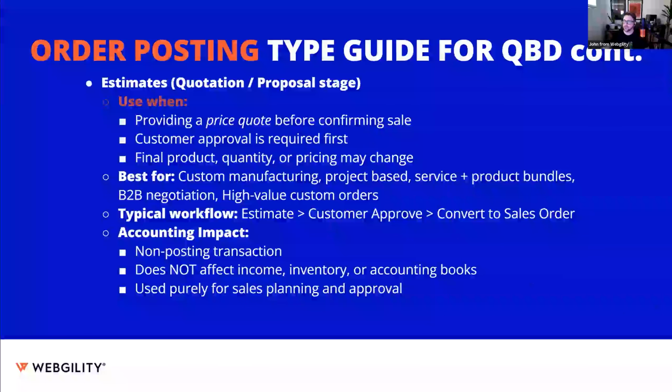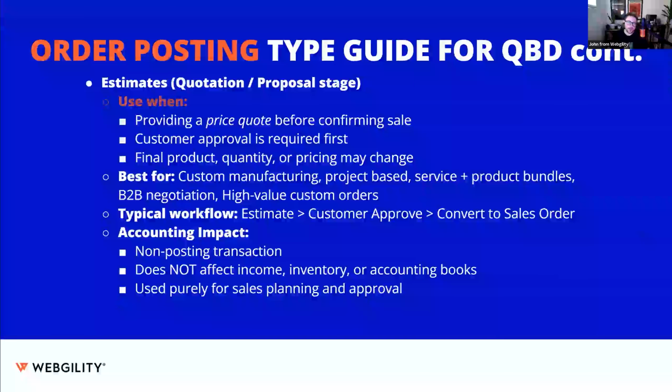But this is a precursor to the actual transaction. It's just good to know when you might use them as a business to take advantage of better workflow transparency and better segmentation of your data. At the end of the day, all of these different types of orders have a place in your workflow. It just depends on how you take advantage of them, or if you even need to.